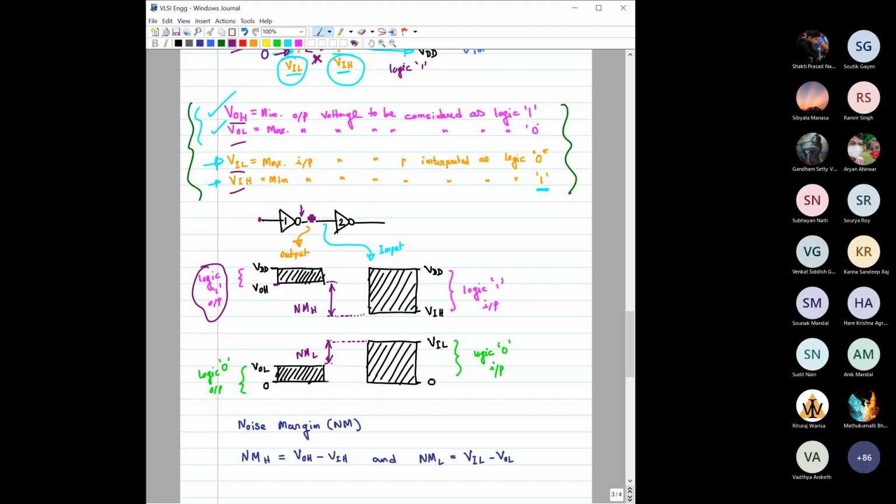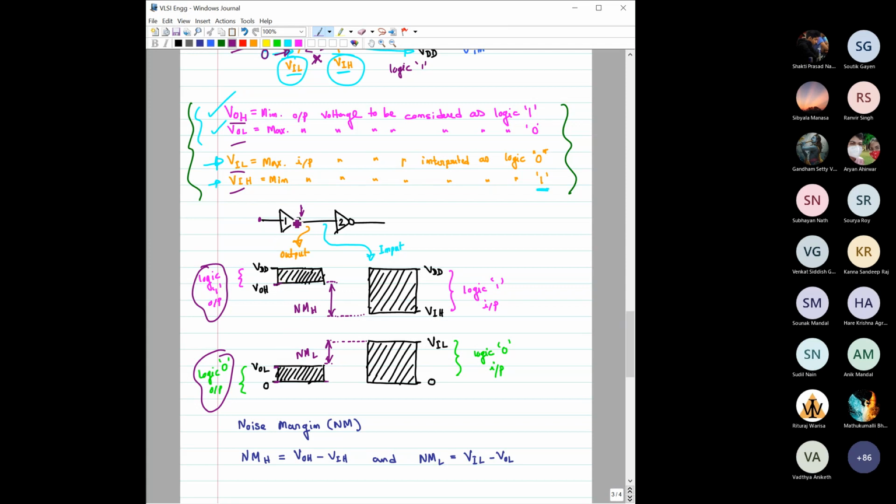If this output voltage is to be at logic 1, then it has to be within VOH to VDD. Similarly, if this output voltage has to be logic 0, then it would be between 0 to VOL only, right? So this is the range.